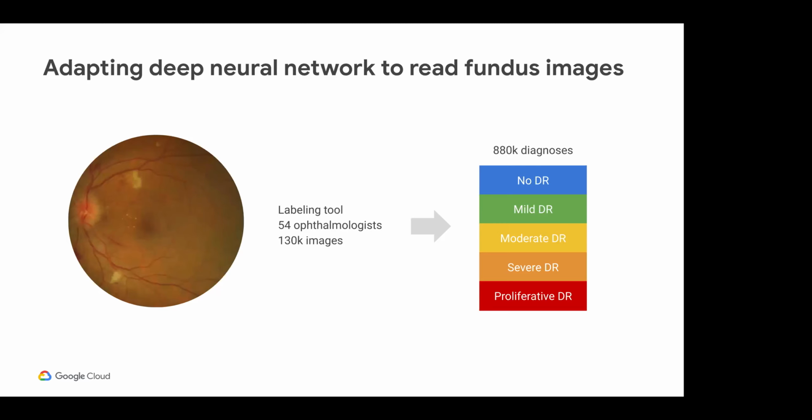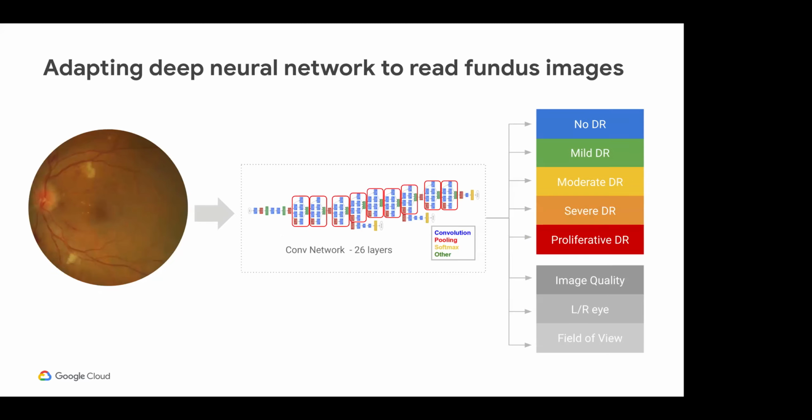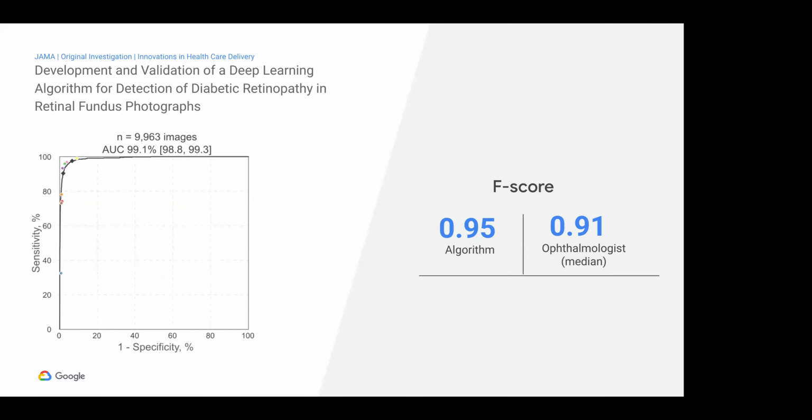This is a 26-layer convolutional network with a variety of convolution, pooling, etc. The result was very significant, because the algorithm achieved an F score of 0.95, which is the same as or better than the radiologist or ophthalmologist.